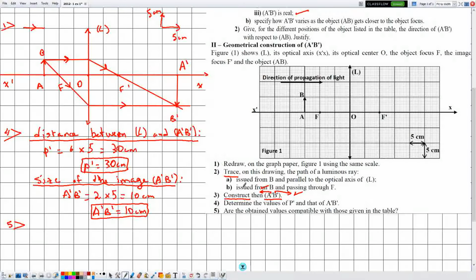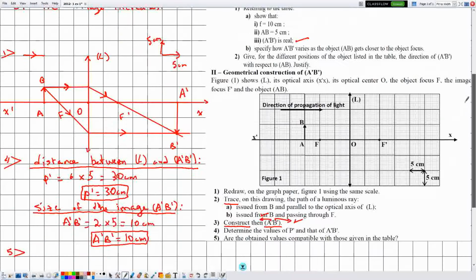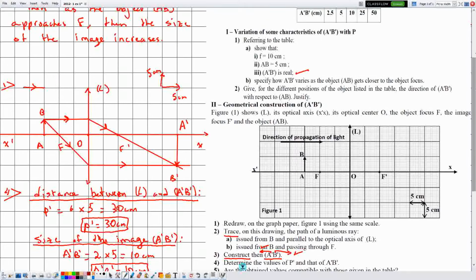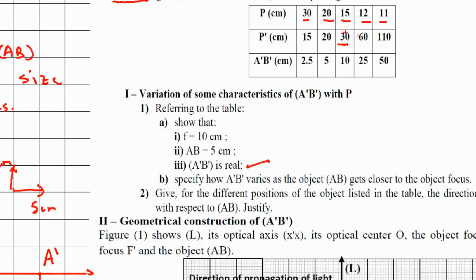Okay, in part 5 they are telling me, are the obtained values compatible with those given in the table? Now if we refer back to the table, we notice that for P prime is equal to 30 centimeter, because here from the calculation P prime is equal to 30 centimeter, the size of the image is equal to 10.